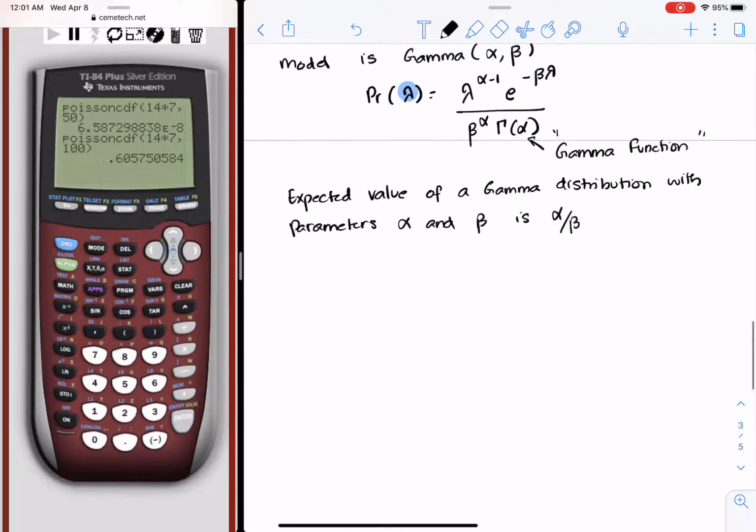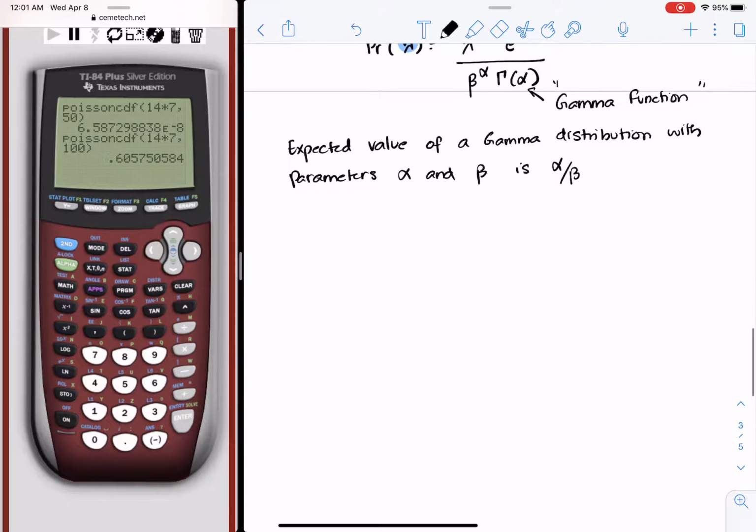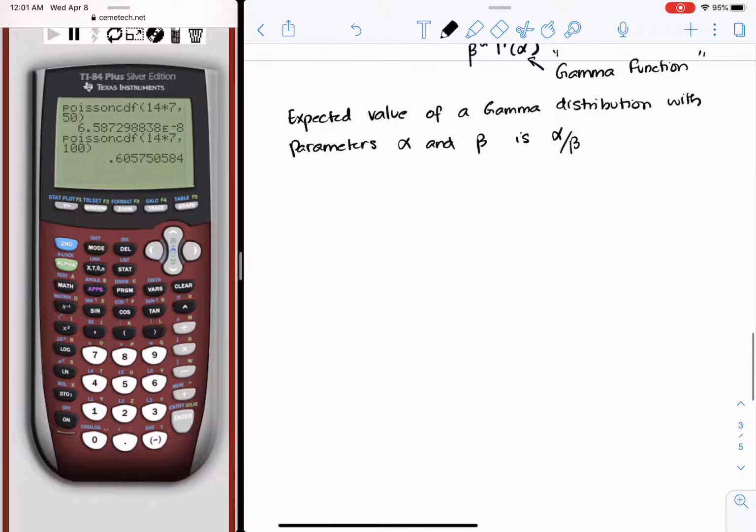It's alpha over beta. And the variance is alpha over beta squared.